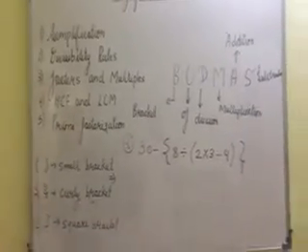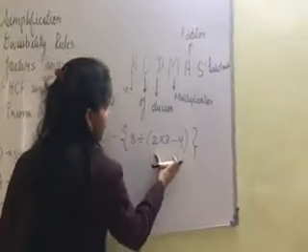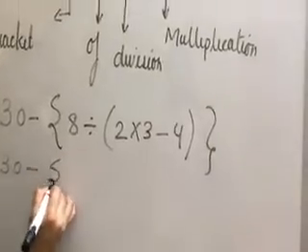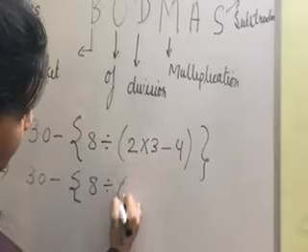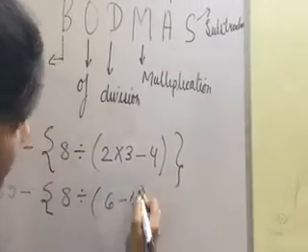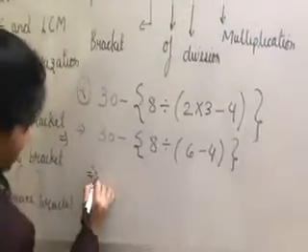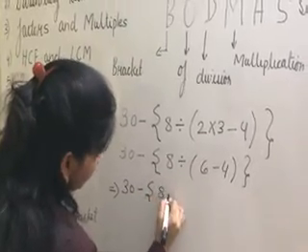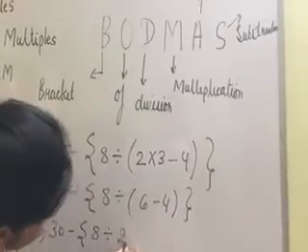Now solve this. Here first you have to solve the small bracket. So 30 as it is minus curly bracket as it is 8 divided by, here 2 into 3 is 6 minus 4. Still bracket is there because it is not completely solved. Now again 30 minus curly bracket 8 divided by 6 minus 4 is 2, small bracket gets solved.